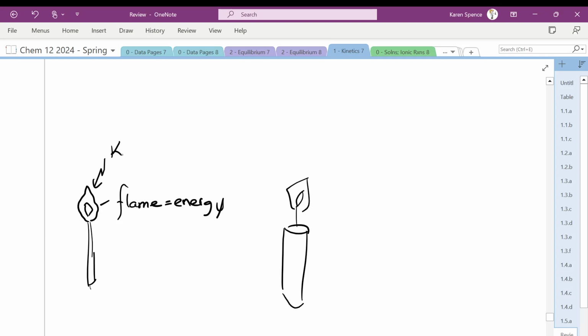It's providing kinetic energy, which makes the particles move faster, which means that they will have sufficient energy to get over the activation peak. So the flame increases the kinetic energy of the particles. Therefore, the particles collide with more energy.